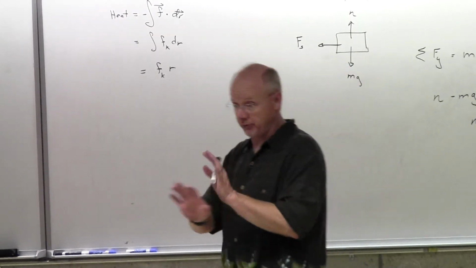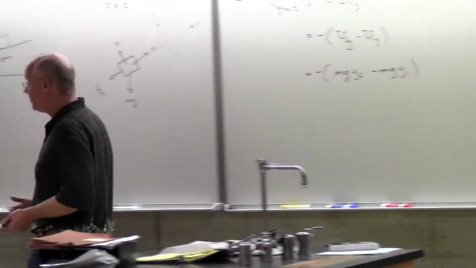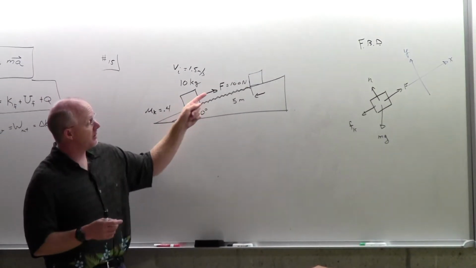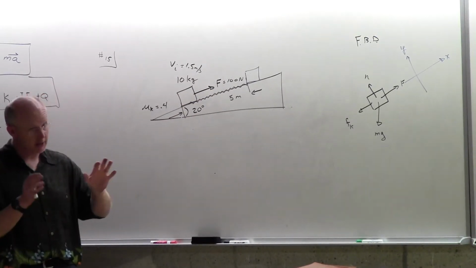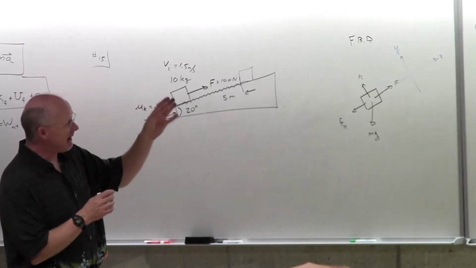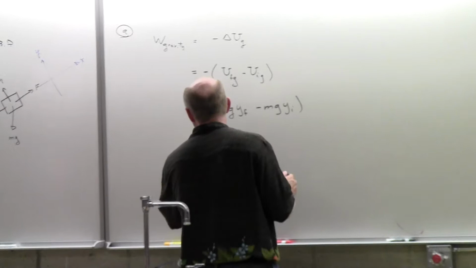Now I'm not saying the overall total thing slows down, because we've got other factors in here. It's not just the force of gravity, there's also the force of friction, and there's also the force of this pull on it. So it could total speed up, but gravity by itself is right here. And so I expect this to come out to be a negative number.